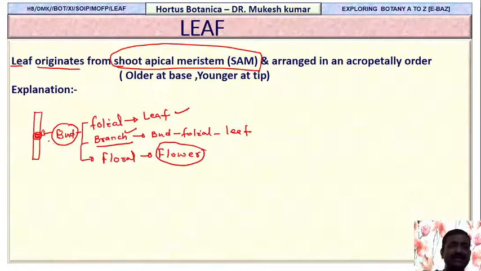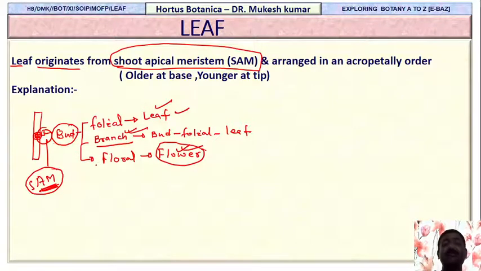So this very stem cell type structure is nothing other than the SAM. See how important this is. A typical meristem has the responsibility to give rise to leaf, branches, and flower, and it is decided according to the requirement of the plant.